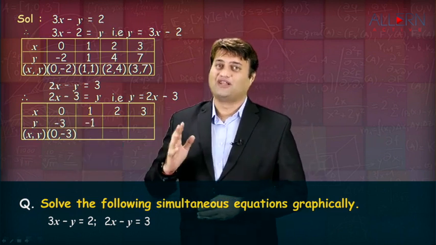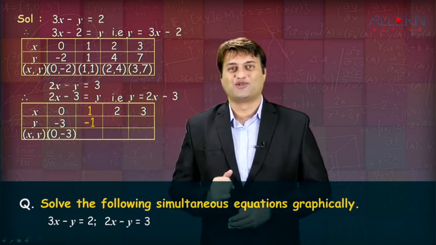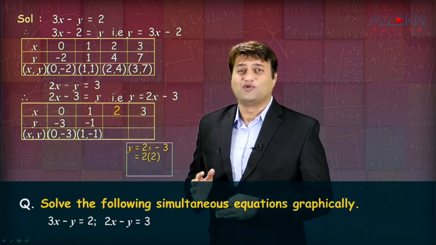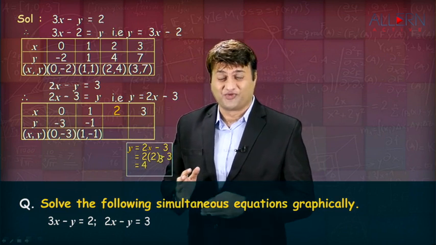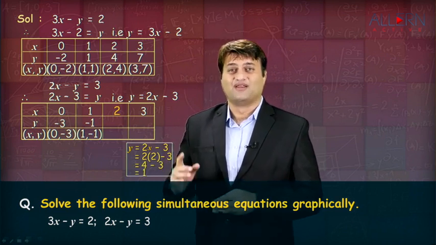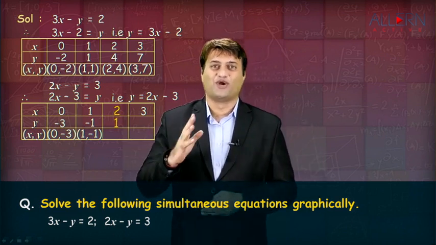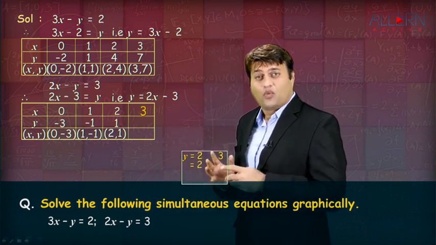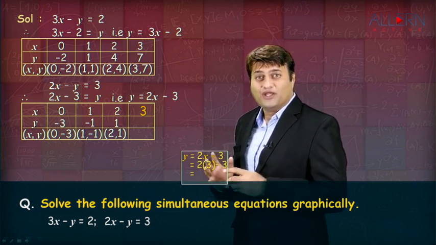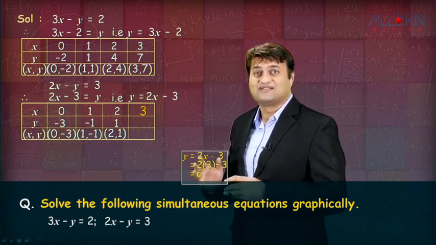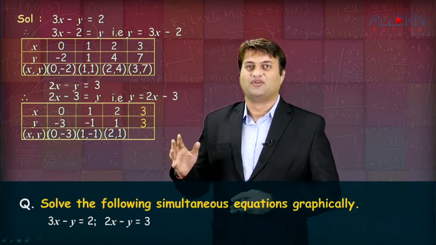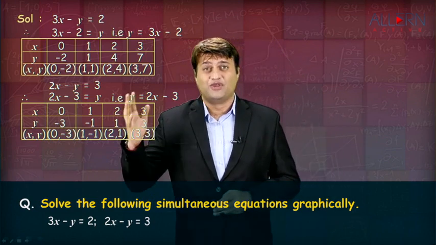So, when x is 1, y is minus 1 and the point is 1 comma minus 1. When x is equal to 2, y is equal to 2 into 2 minus 3, that is 4 minus 3, which is equal to 1. So, when x is 2, y is 1, the point is 2 comma 1. When x is equal to 3, y is equal to 2 into 3 minus 3, that is 6 minus 3, which is equal to 3. So, the point is 3 comma 3. We get the two tables.